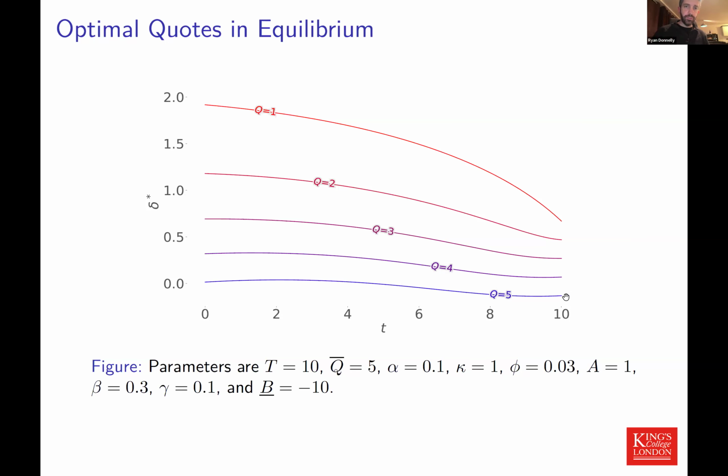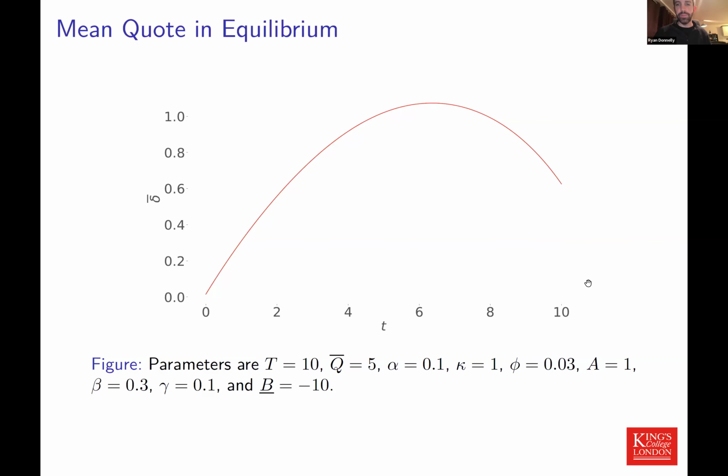Now, if you've looked at figures like this a lot in the single agent case and compared to the multi-agent case, there are some subtle differences, but I don't think I have time to go into them too much. What I'd rather do is look at the effects of competition and so on. Also, we can plot what the average spread quoted by agents looks like through time.